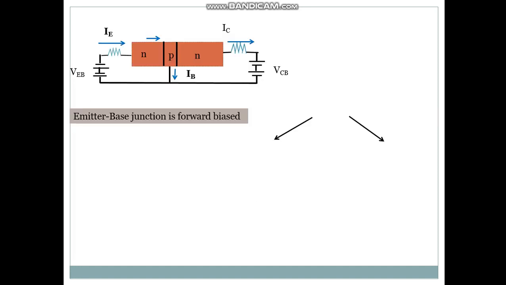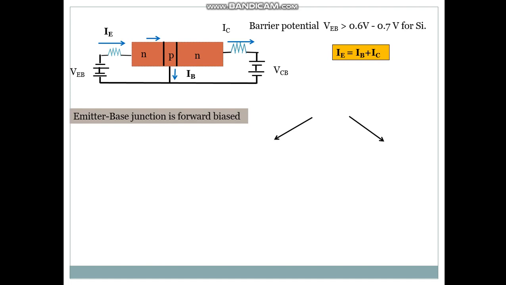This is the structure. The emitter base junction is forward biased, as we can see in the diagram. The barrier potential VEB is greater than 0.6 volts, or 0.7 volt for silicon. The emitter current is divided into the base current and the collector current.